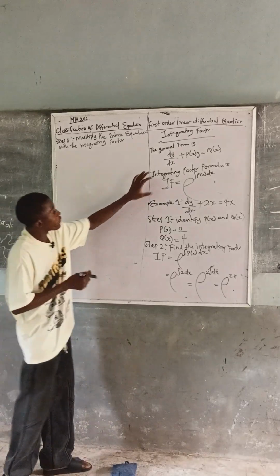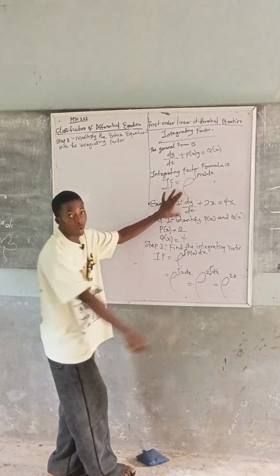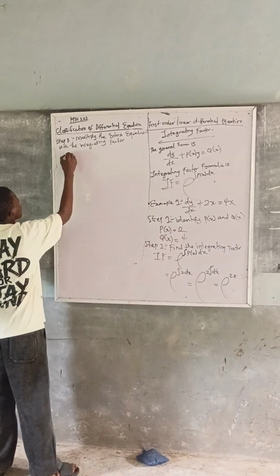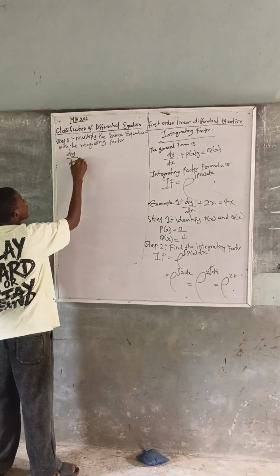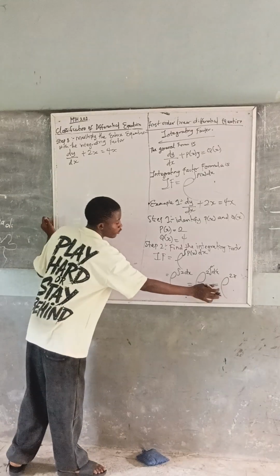Now, what is the equation? This is the equation here. So we are multiplying the entire equation with the integrating factor. Now, what is the equation? dy/dx plus 2y equals 4x. So you are multiplying it with e^(2x).